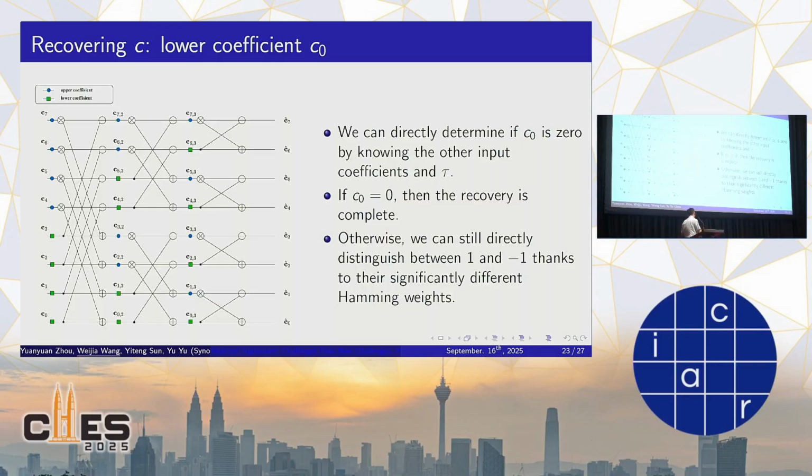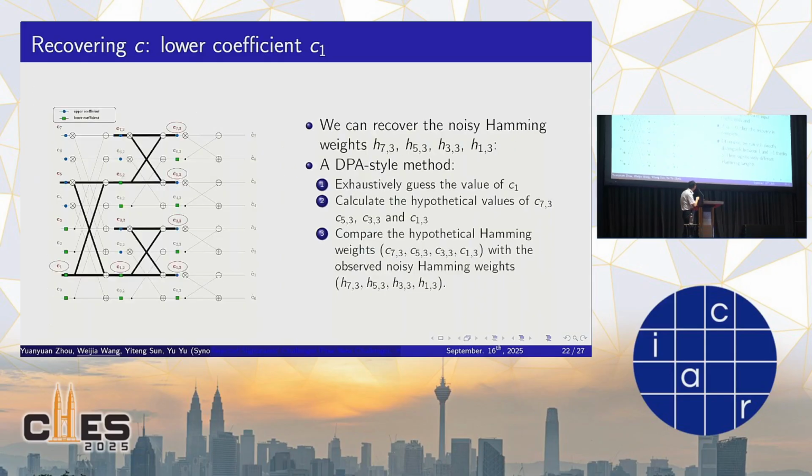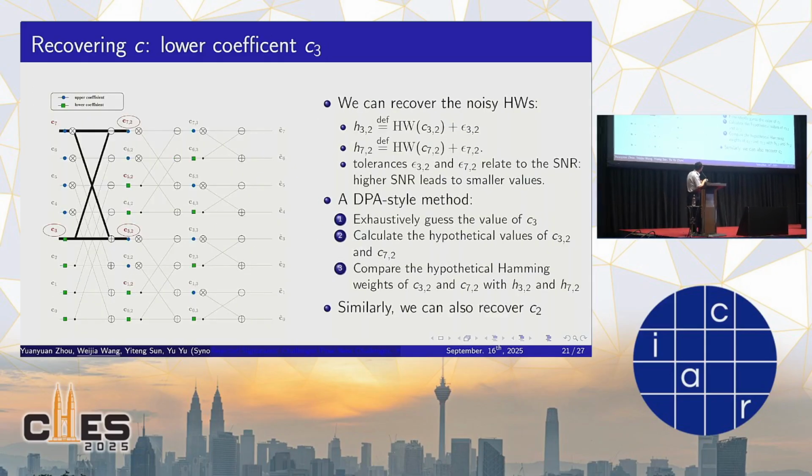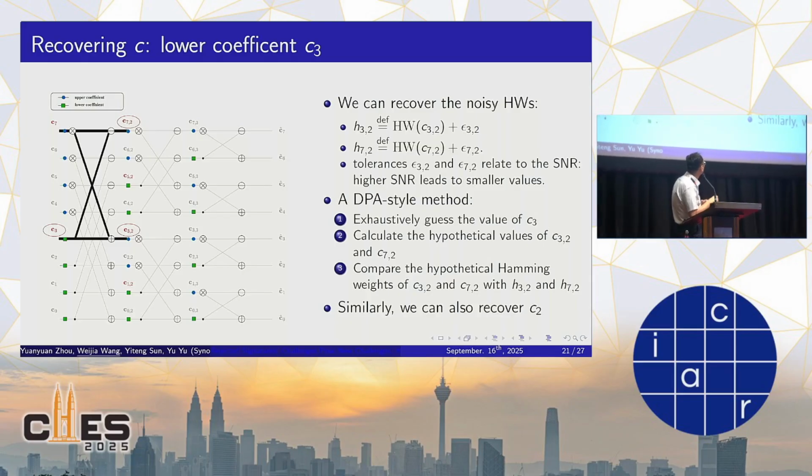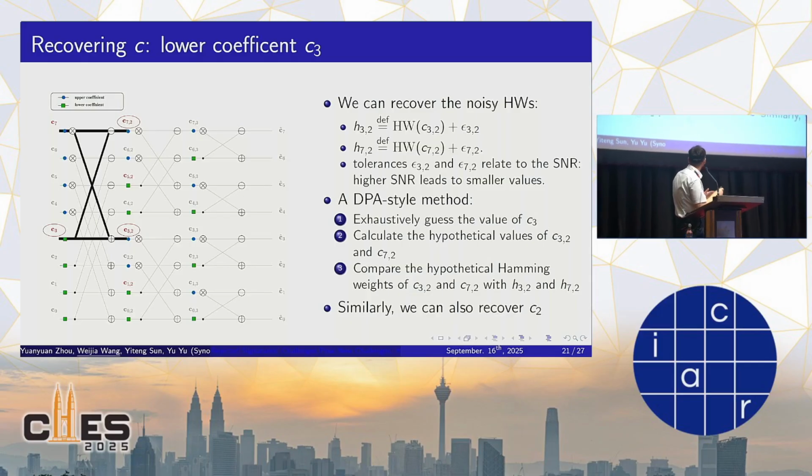But because of the noise inside of them, we cannot recover the Hamming weight directly, but we can recover the noisy part of them. So in this case, we add some tolerance here. A large tolerance leads to a larger value of the prediction accuracy, but it will lead to a smaller success rate of the input coefficient.